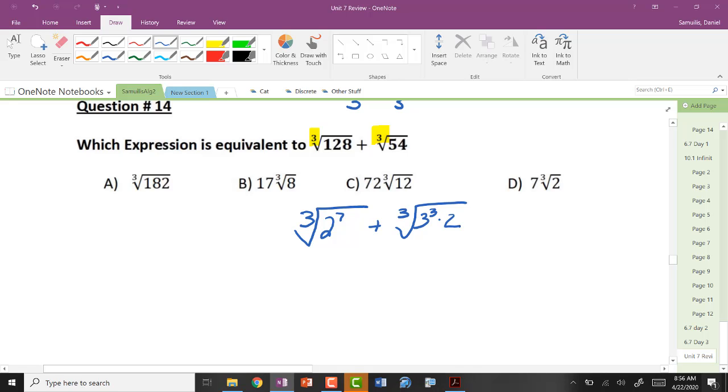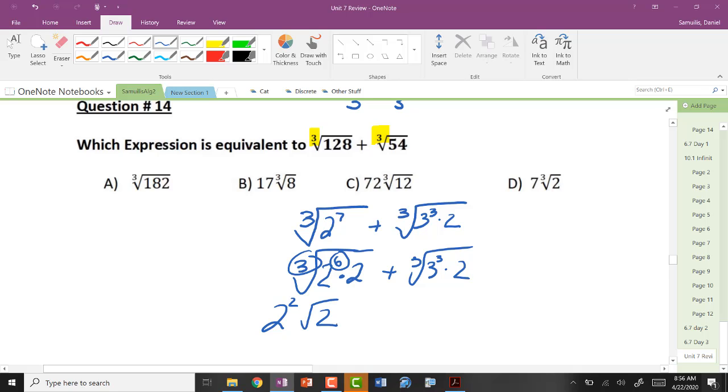Now remember, we need exponents that are divisible by 3. So I am going to split this up into a 2 to the 6th and a 2, because that's still 7 2's, but 6 is divisible by 3. This guy is okay, because I have an exponent that is divisible by a 3. So 2 to the 6th, if I divide 6 by 3, I end up with 2 squared.